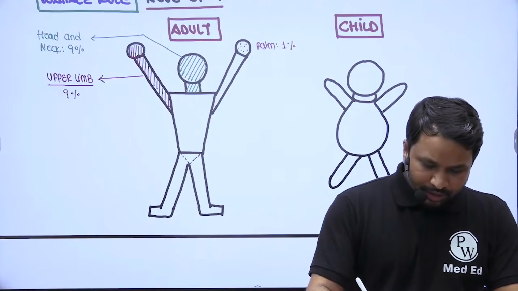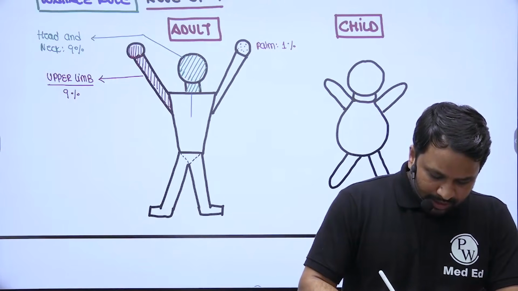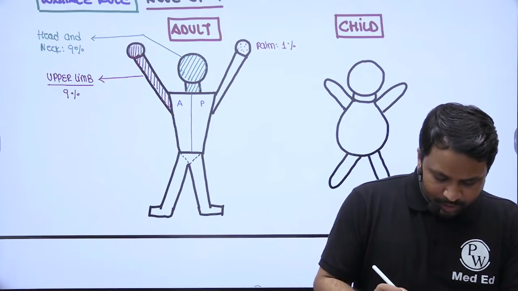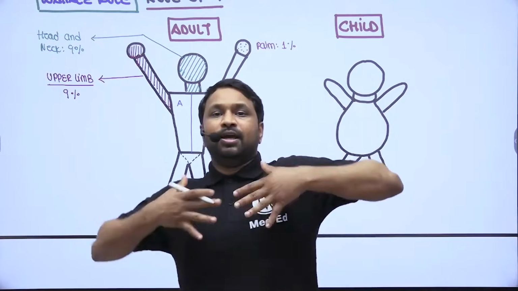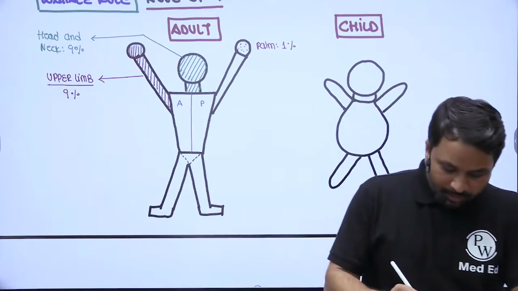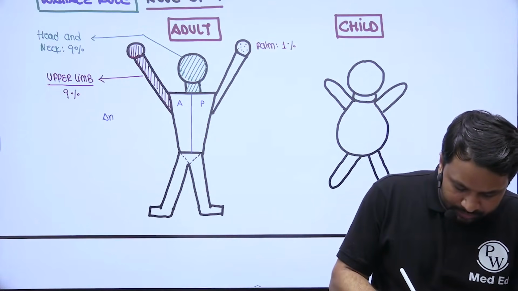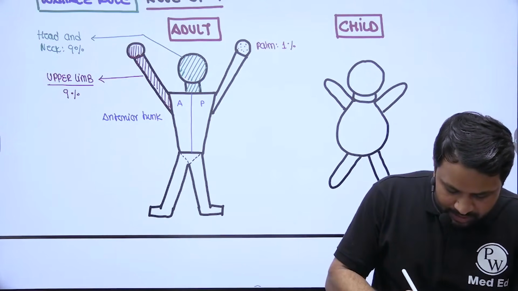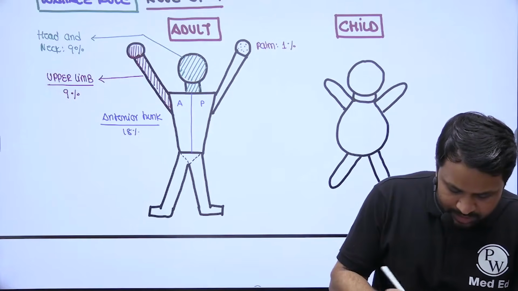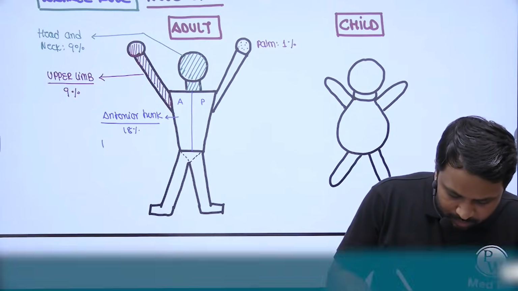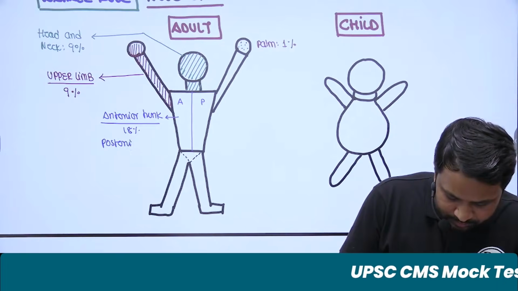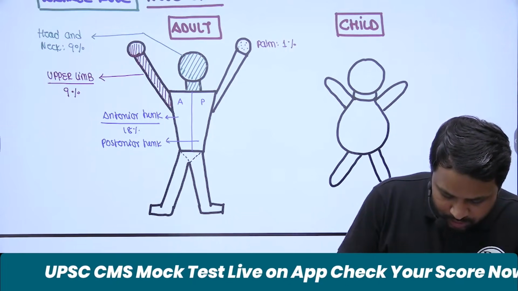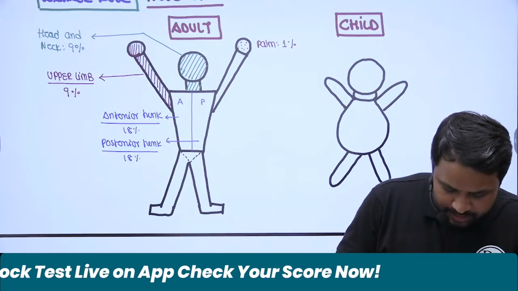Now, when it comes to the trunk, I divide the trunk into the anterior trunk and the posterior trunk. So let's say this is the anterior trunk, this is the posterior trunk. Anterior is front, posterior is back. Trunk is chest and abdomen together. The anterior trunk accounts for 18% and your posterior trunk also accounts for 18%.